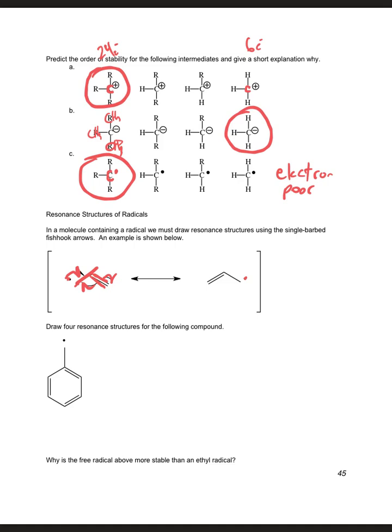Okay, so we always will be showing 3 fishhook arrows when we draw a resonance structure of a free radical. So here on the benzyl radical, we're going to take the radical down to start forming the double bond, the double bond next to it breaks, sending electrons over.